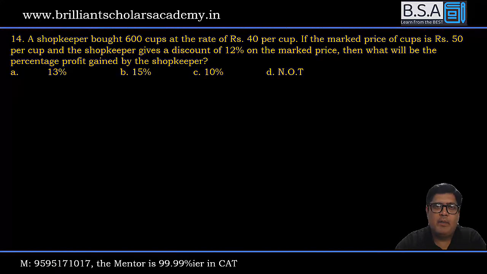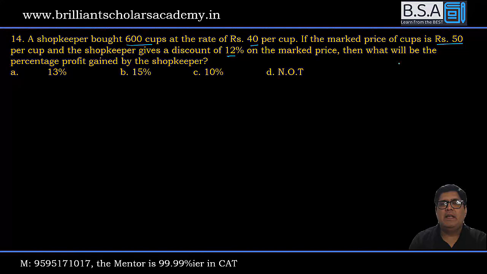A shopkeeper bought 600 cups at a rate of rupees 40 per cup. The marked price for these cups is rupees 50. And the shopkeeper gives a discount of 12% on the marked price.